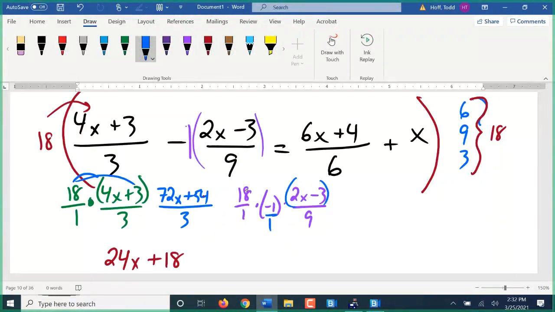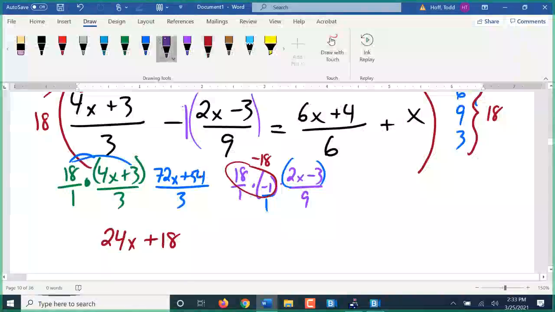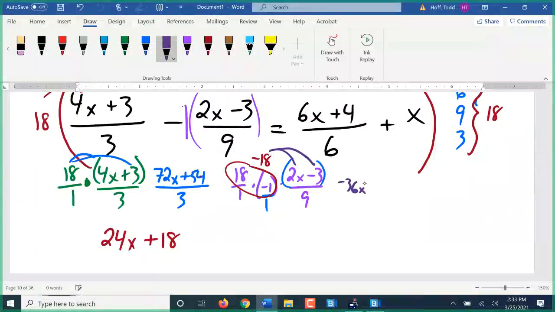So if I combine the 18 and negative 1, that's just a negative 18. So I'm going to have negative 18 times 2x is a negative 36x. Negative 18 times negative 3 is a positive 54. On the bottom, 1 times 1 times 9 is just 9. But I do have negative 36x divided by 9 is a negative 4x. 54 divided by 9 is a positive 6.